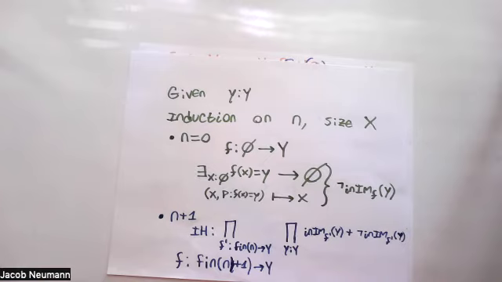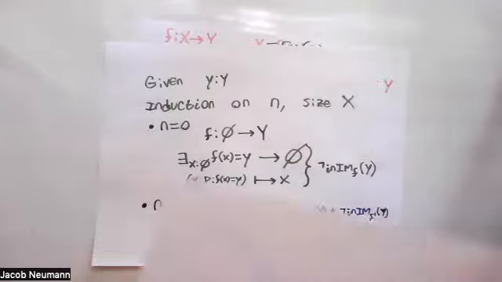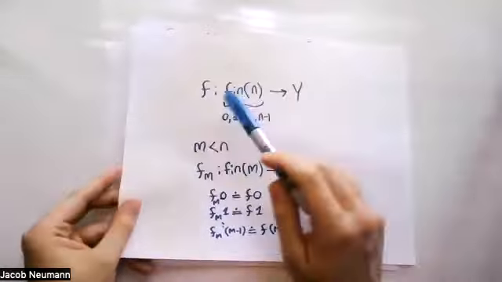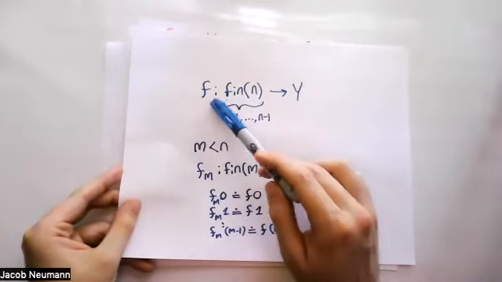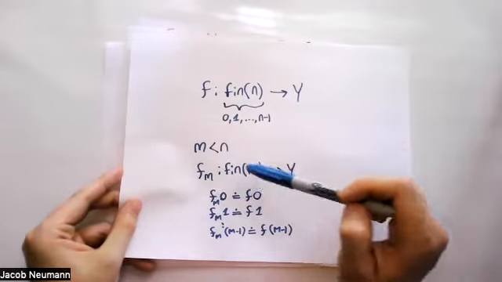And so now we're going to break into some kind of a little more complicated cases. So remember, like I said a second ago, if I have a function f from a finite set into y, then I can restrict it to anything smaller.